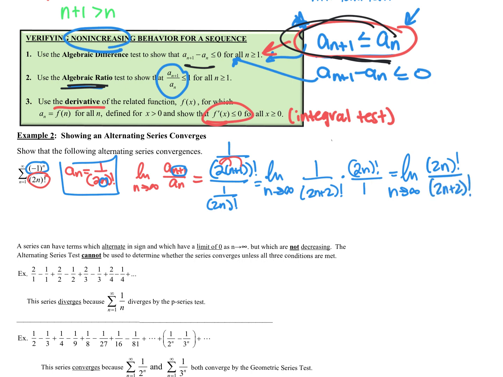And a cool thing about factorials, and this will come into play a lot later, is that factorials cancel out a lot. So we'll look at a quick example here. If I have 15 factorial over 10 factorial. Remember that 15 factorial is 15 times 14 times 13 times 12 times 11 times 10 times 9 times 8 times 7, dot, dot, dot. 10 factorial is 10 times 9 times 8 times 7, dot, dot, dot.